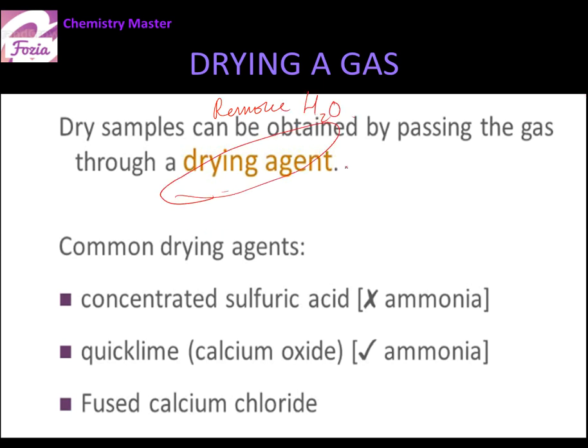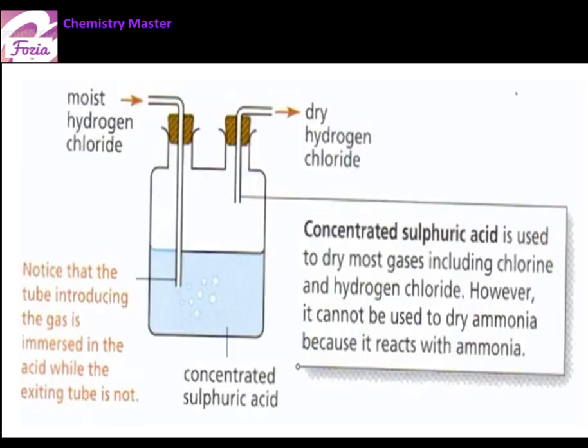The commonly used drying agents are concentrated sulfuric acid, that is H2SO4, and if I put C it means concentrated, that's very strong. The next is quicklime, that's CaO, calcium oxide. Then the third one is fused calcium chloride, CaCl2.